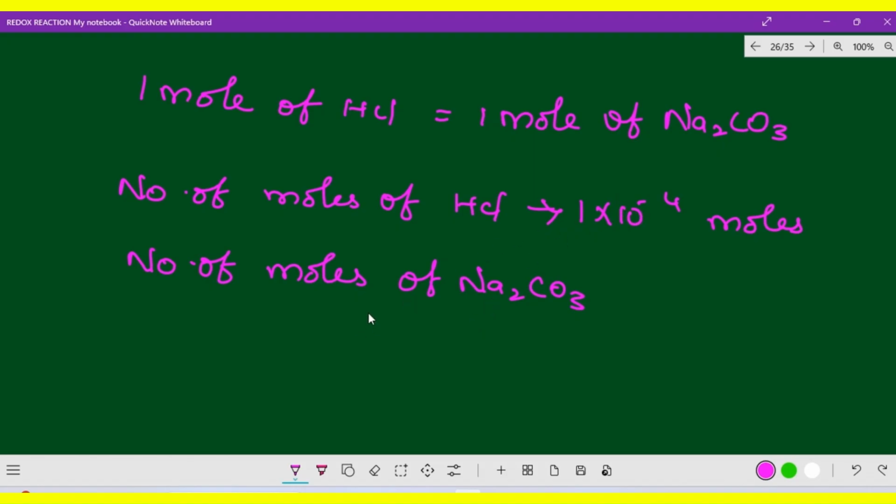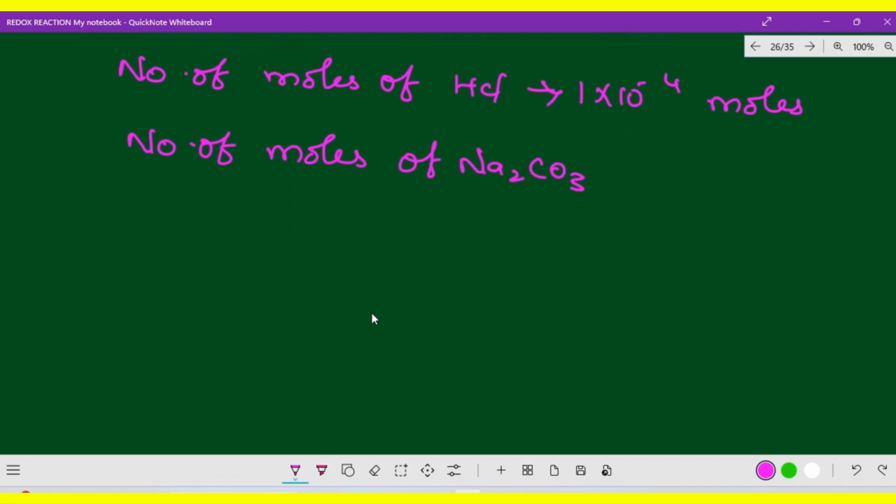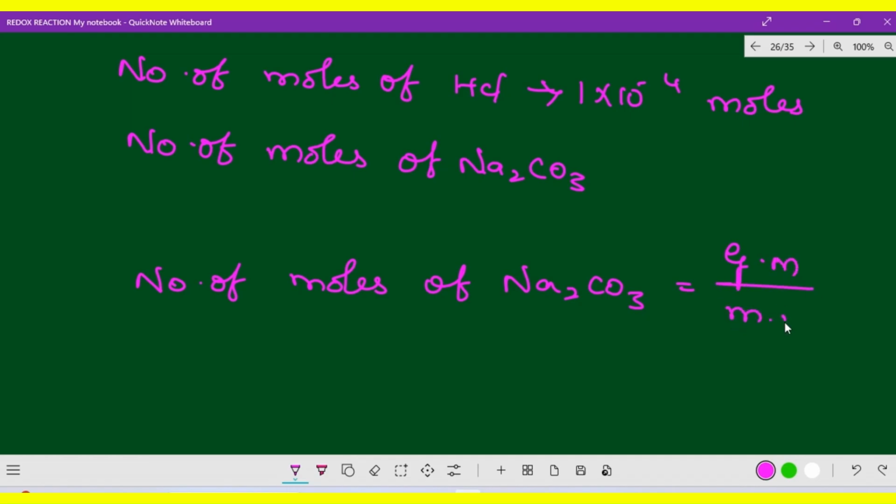Now let us identify the given mass, then only we can find the percentage. The number of moles of Na2CO3 equals given mass divided by molecular mass.